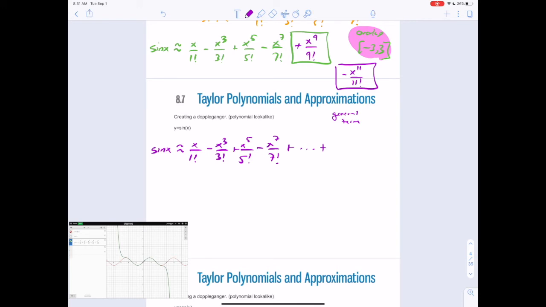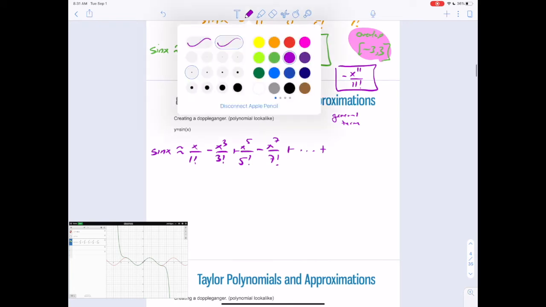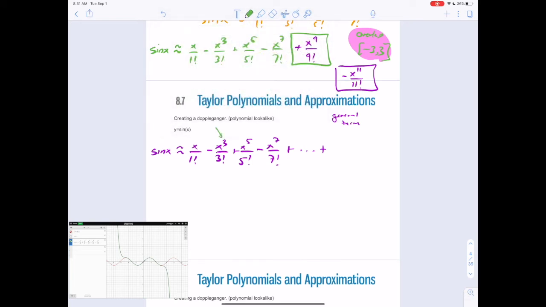All right? So we noticed a few things. We noticed that the factorials match up with the degrees, right? Whatever the degree is, the factorial is the same thing, right?